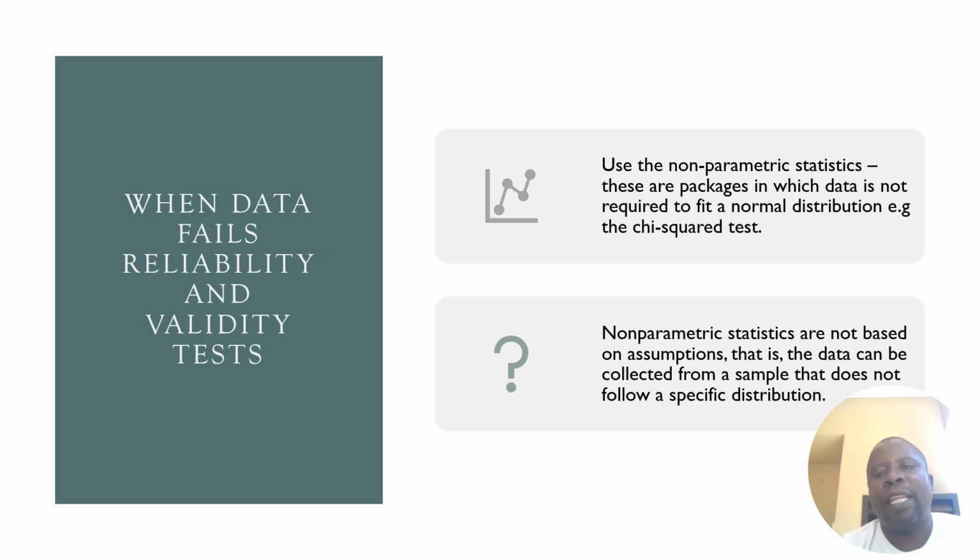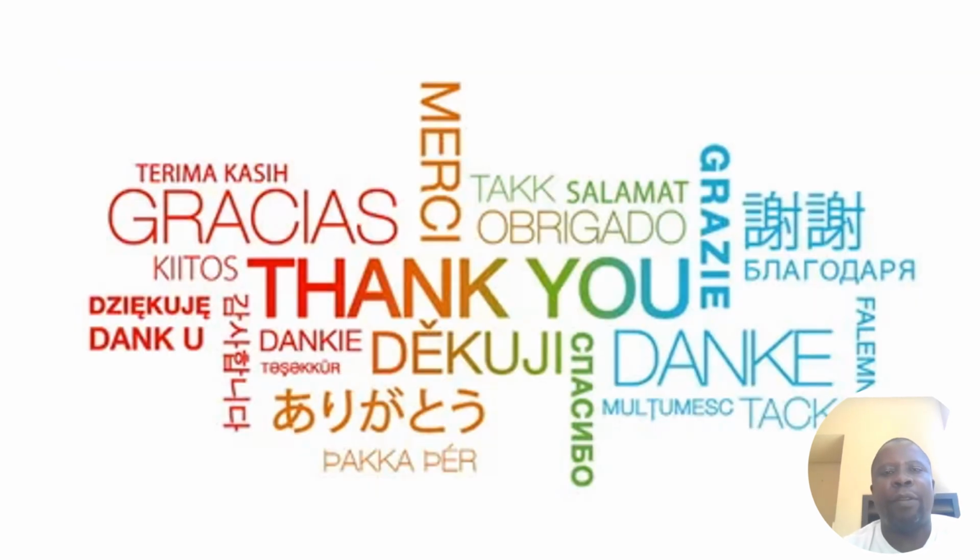We have to go for non-parametric statistics packages, which do not require our data to fit normality. So it's very important that you use the correct statistics whenever you are carrying out a statistical dissertation, to avoid a lot of criticism from different people.